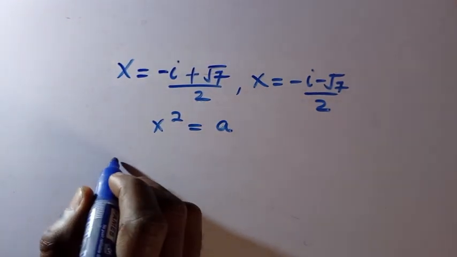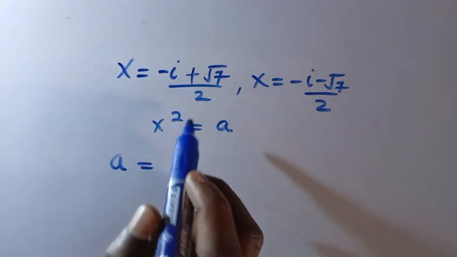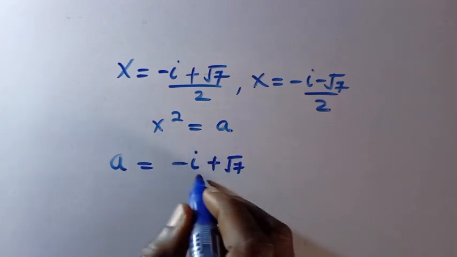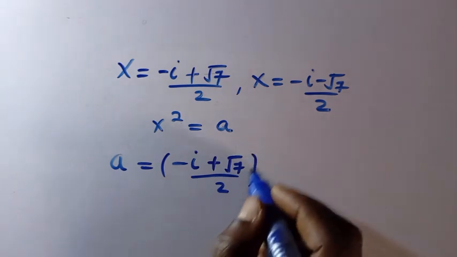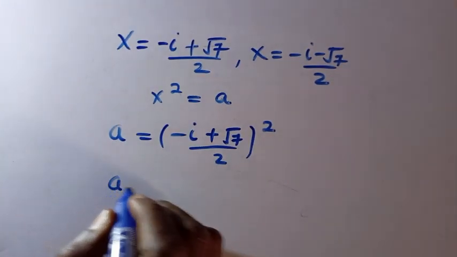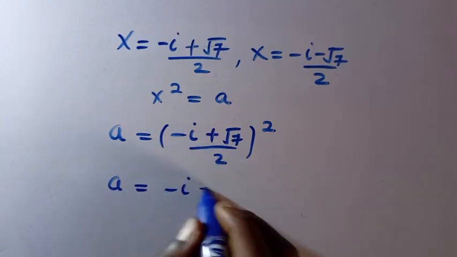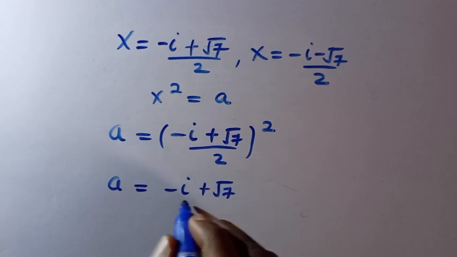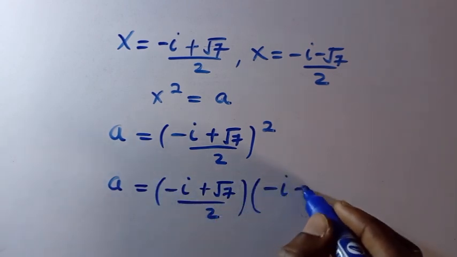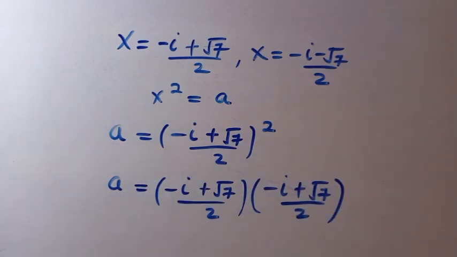For the first one, when x equals minus i plus root 7 over 2, we replace it as minus i plus root 7 over 2, raised to power 2. So we have a equals, we square this: minus i plus root 7 over 2 multiplied by minus i plus root 7 over 2.